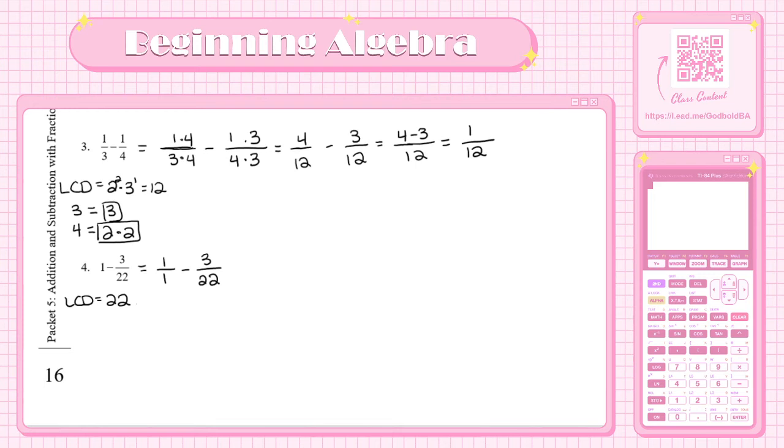Because this is like asking for a least common multiple of 1 and 22, in which case the answer is just the number that's not 1. Okay? So I want to rewrite this as 22 over 22 minus 3 over 22. So that's 22 minus 3 over 22, or 19 over 22.